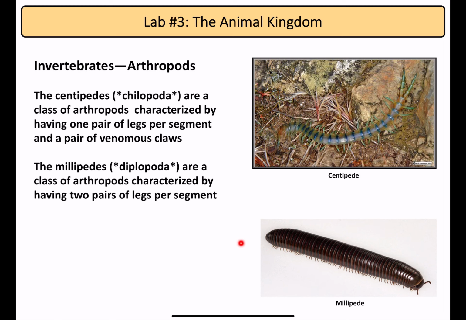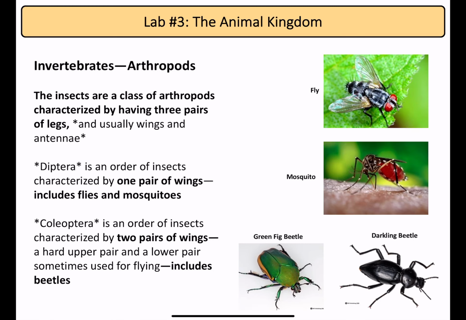A little bit different in that they have 2 pairs of walking legs per segment. Our fourth group of arthropods, the largest class of animals on the planet, are the insects. And insects all have 3 pairs of locomotive appendages, or walking legs. So you can say they have a total of 6 legs.